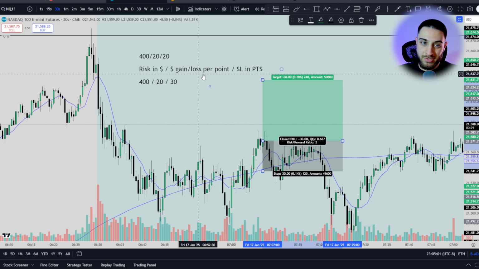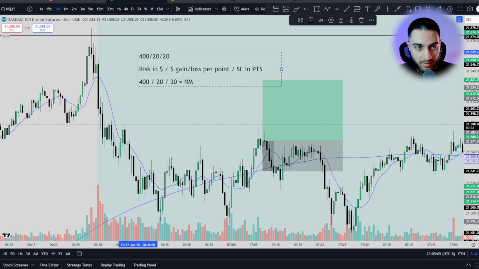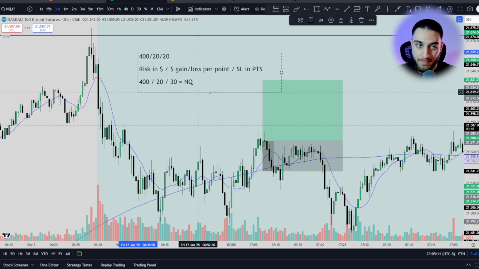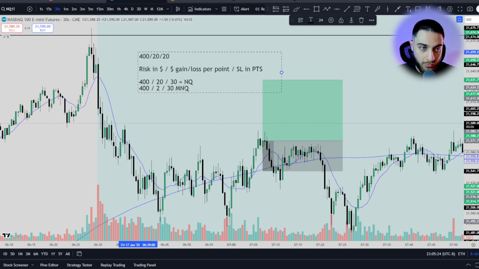For the NQ, we're making or losing $20 per point, but for the micro NQ, we make or lose $2 per point instead of 20.